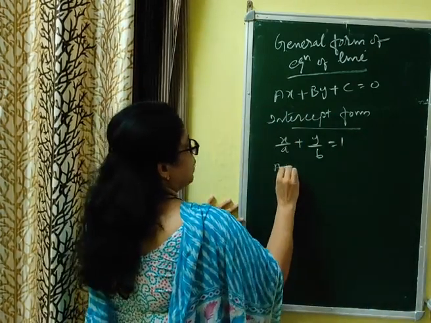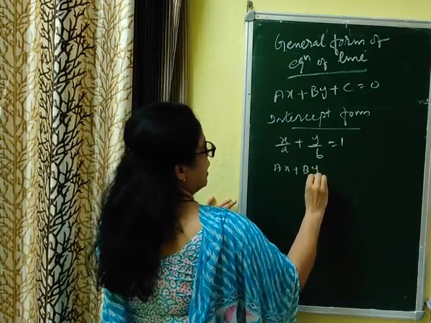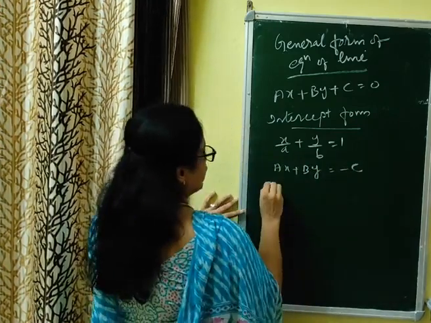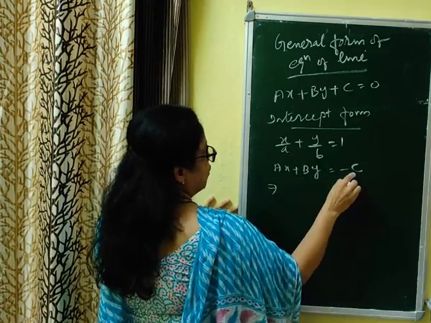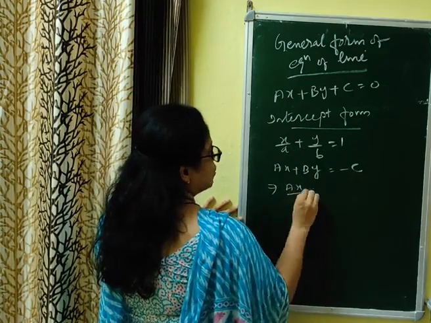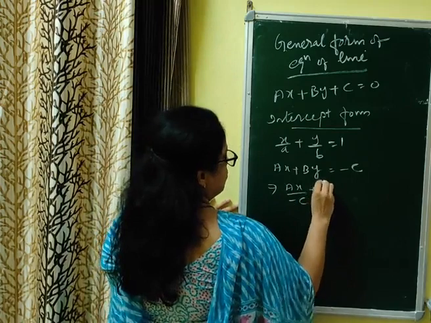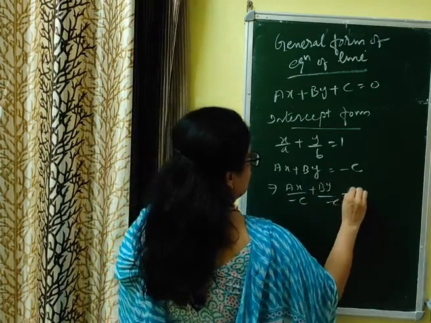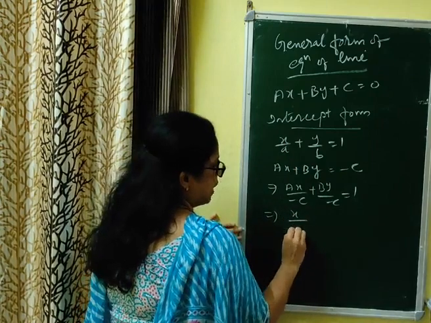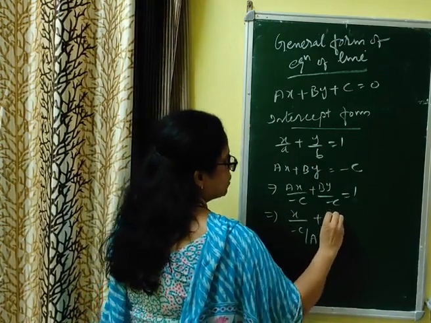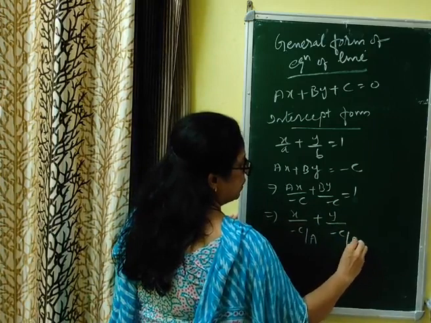See, ax plus by plus c can be written as ax plus by equal to minus c, because we want only a constant on the right side. Now, dividing by minus c on both sides, ax by minus c plus by by minus c is equal to 1. This can be rearranged as x by minus c by a plus y by minus c by b is equal to 1.